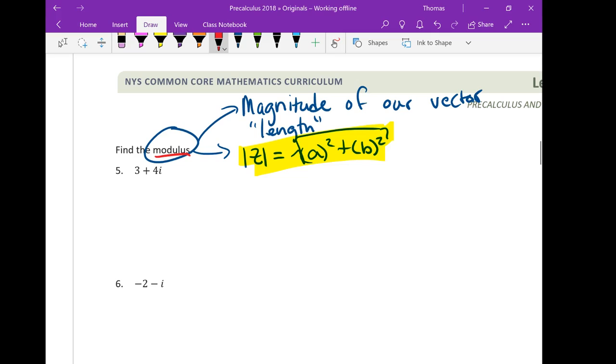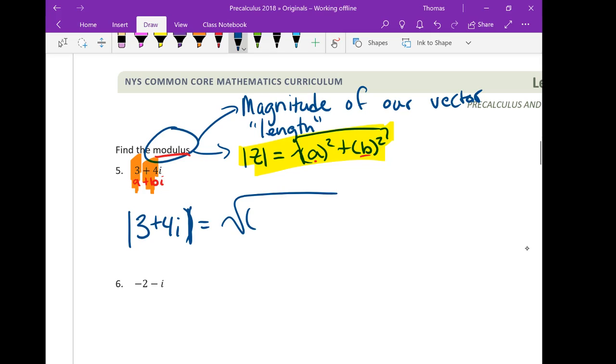So let's look at this first example. It says find the modulus, so I'm matching up my terms. I need to figure out what a and b are to plug them into my equation. A is just going to be 3, and b is going to be positive 4. So then the modulus of this number, 3 plus 4i, will just be the square root of a, which is 3, squared, plus b, which is 4, squared.